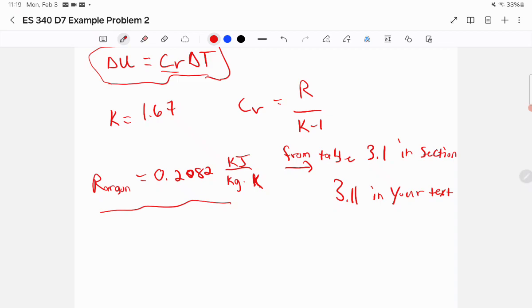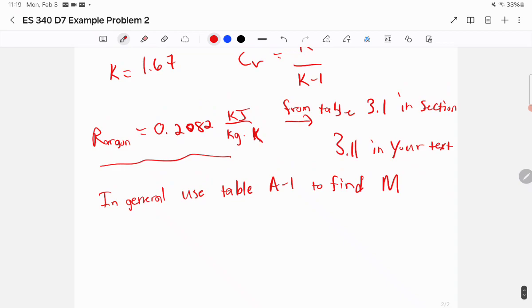But in general, you can also use Table A1 to find capital M, which is the molecular mass, and you can say that R is equal to R bar over M. So we could have divided 8.314 by the molecular mass of argon and gotten a value that's pretty similar to this.